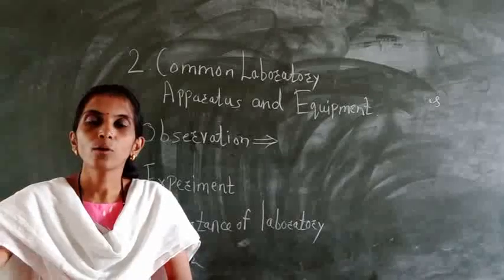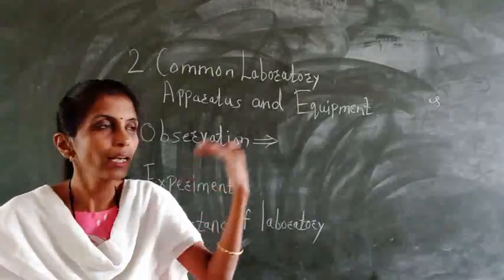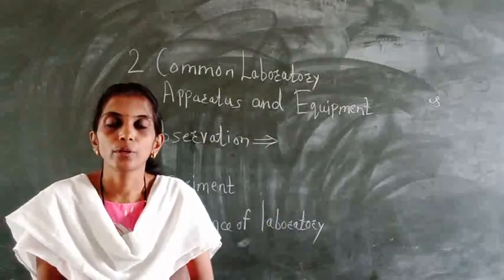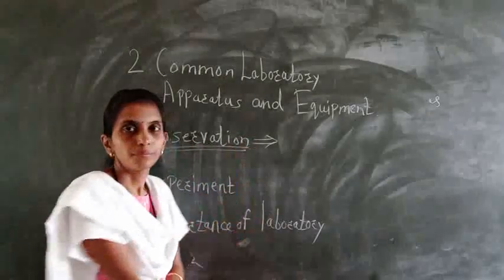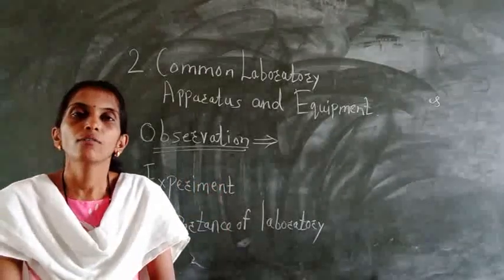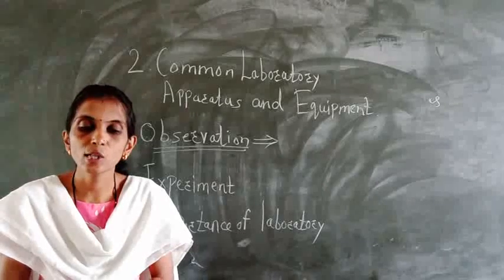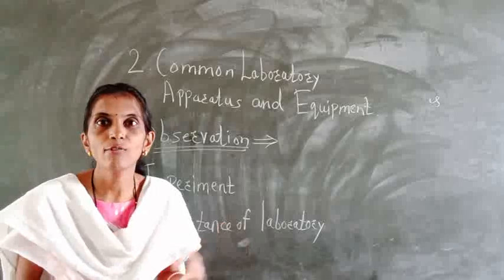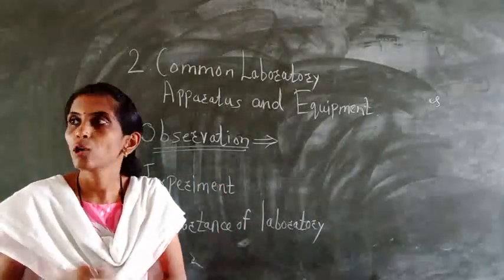So our knowledge of chemistry would be incomplete if we do not utilize our knowledge on natural phenomena. So for that observation is important. In everyday life we experience a lot of observations, like what we see, what we hear, what we talk, what we touch, what we taste.